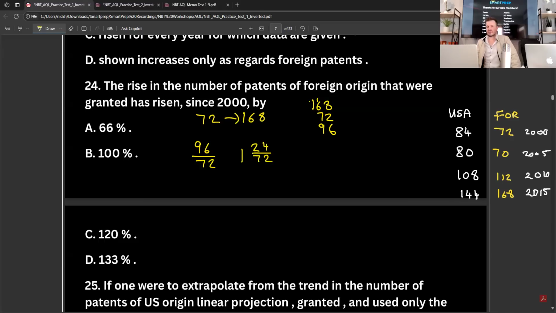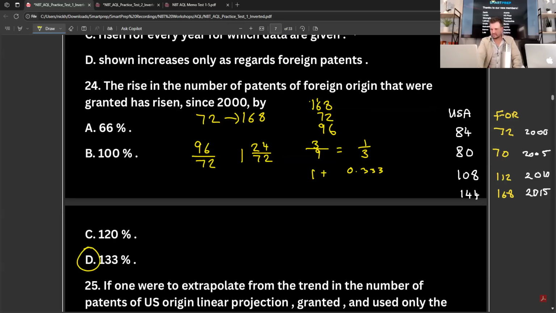Well, 24 and 72 are both divisible by, we'll start with 8. 24 divided by 8 is 3. 72 divided by 8 is 9. 3 over 9, and we end up getting 1 over 3, which is 0.33333, right? So 33%. So it's 100 plus 33% will be 133%. So it's D.